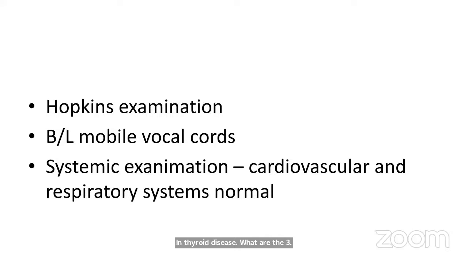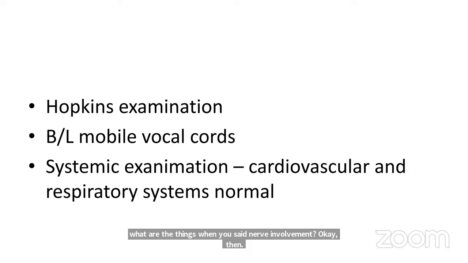I'm basing all my answers on what I've read in Randolph's book. So, what are the three? One, you said nerve involvement. Direct involvement of the nerve by the tumor. Okay, second.